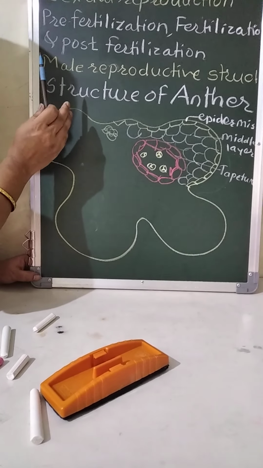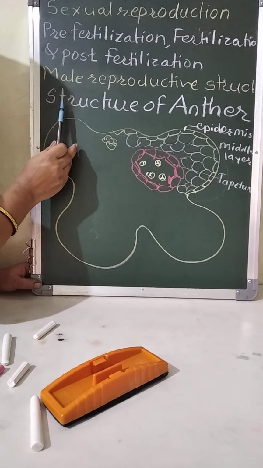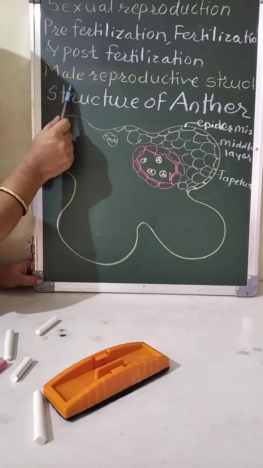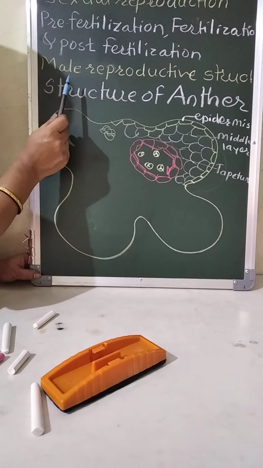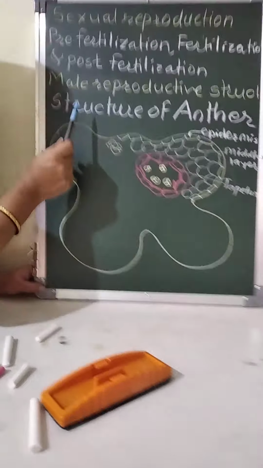First, in this sexual reproduction, we will see the male reproductive structure, that is the stamen, which consists of filament, anther lobe and a small connective which connects anther lobe and filament.